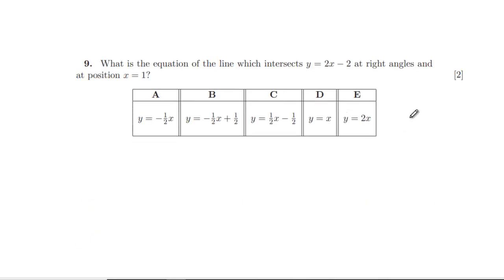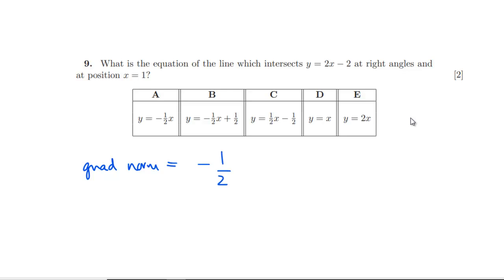What is the equation of the line which intersects that at right angles at position x equals 1? Right, okay, so the gradient of the normal is going to be minus a half.